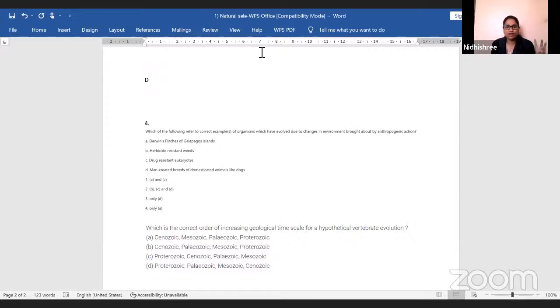Time starts now. 5, 4, 3, 2, 1. Chandru, option C. After that, followed by Kumar, option C. Lohit, option A. So the first answer is by Chandru, but the correct answer is by Lohit. Option A, Cenozoic, Mesozoic, Paleozoic, Proterozoic is the right answer.